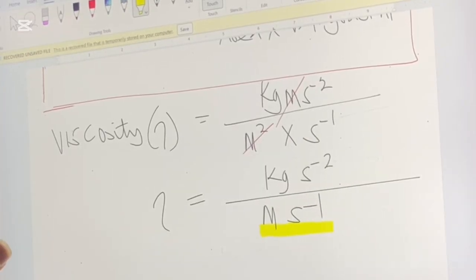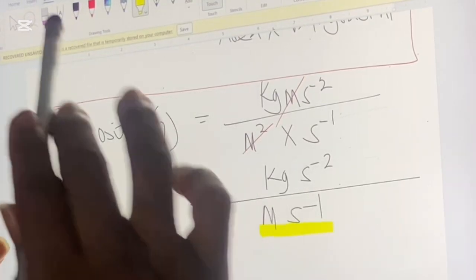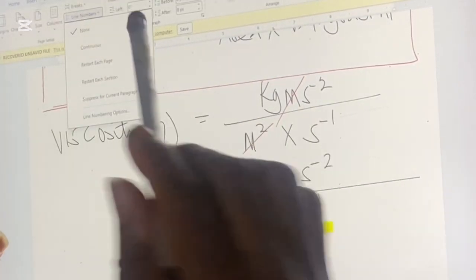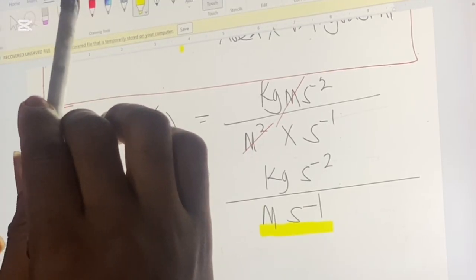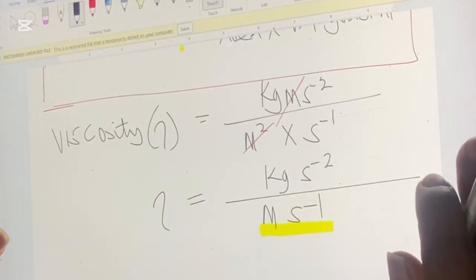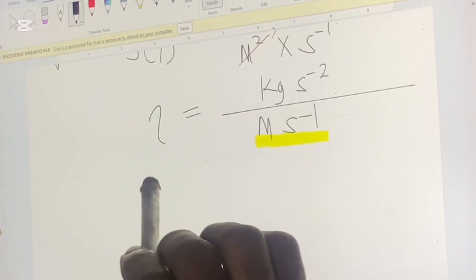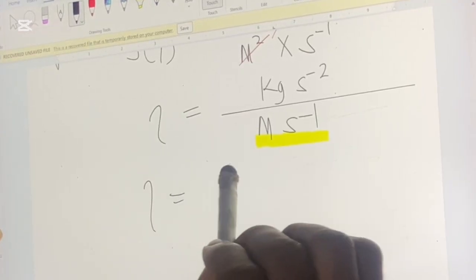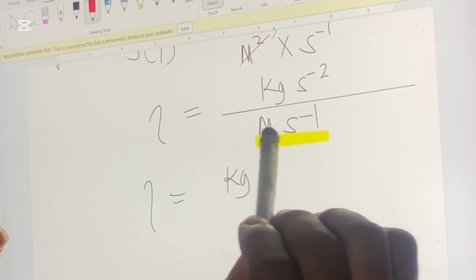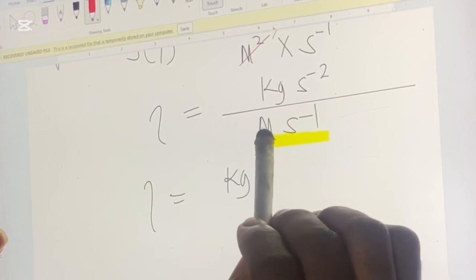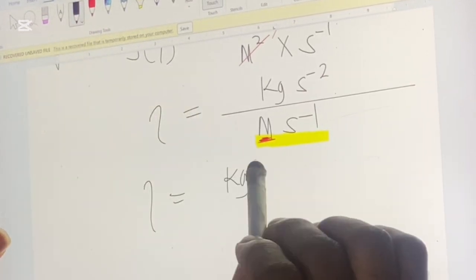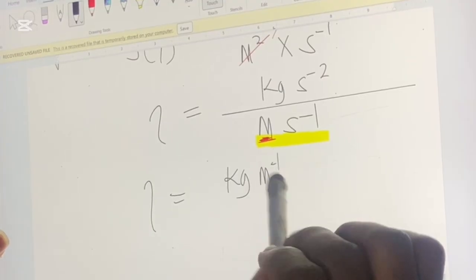Remember, whenever you are taking anything from numerator to denominator, the sign of the power will change. So when you do that, we have something like this. Eta is equal to kg. Taking this meter from denominator to numerator is going to be per meter.